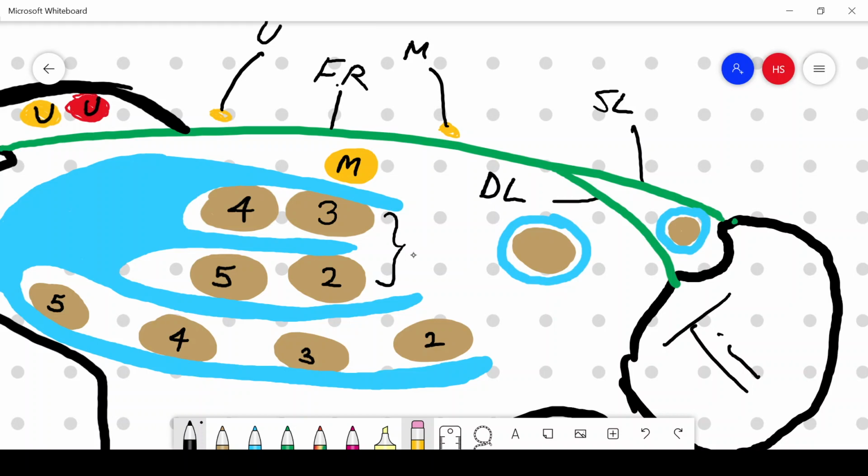These are the tendons of flexor digitorum superficialis. These are the tendons of flexor digitorum profundus. This is flexor pollicis longus, and this one is flexor carpi radialis.